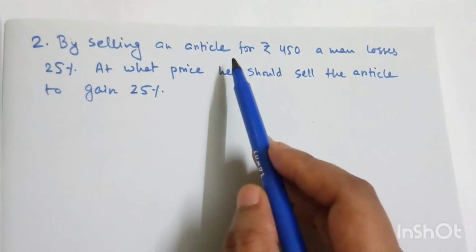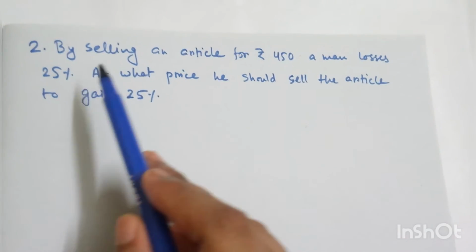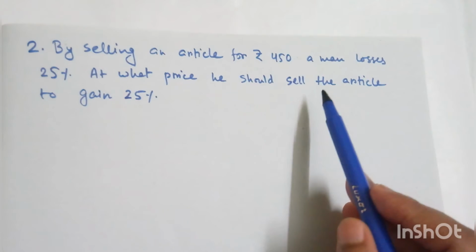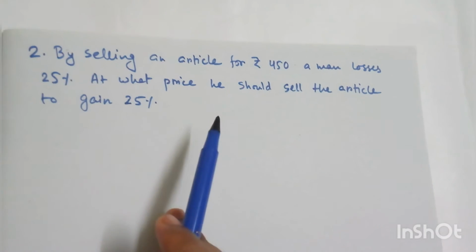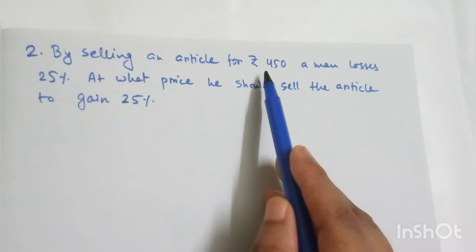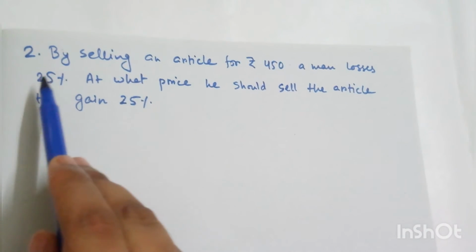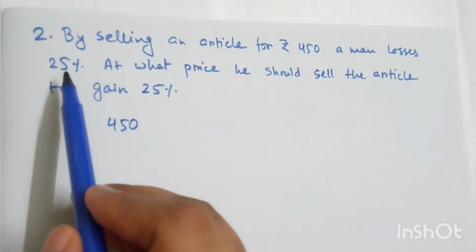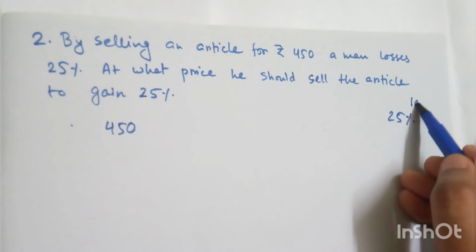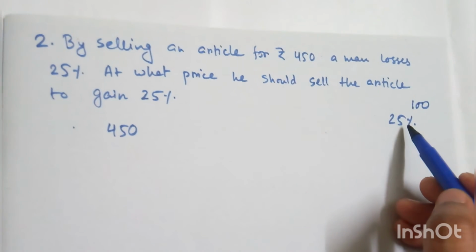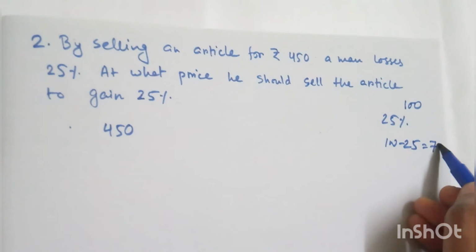By selling an article for rupees 450, a man loses 25%. At what price should he sell the article to gain 25%? So you know the selling price, it is 450, and the first time he loses 25%. 25% loss means we will take reference 100, and 25% loss means 100 minus 25, it is 75.